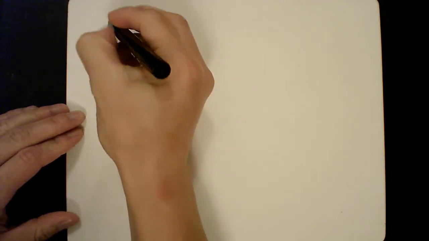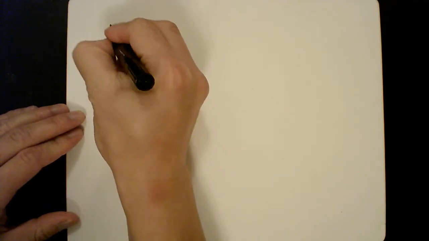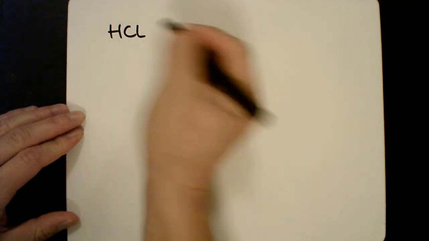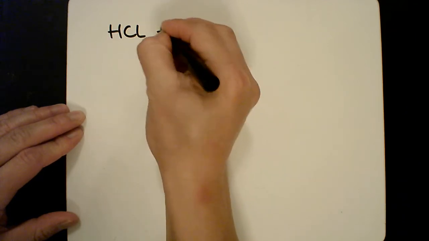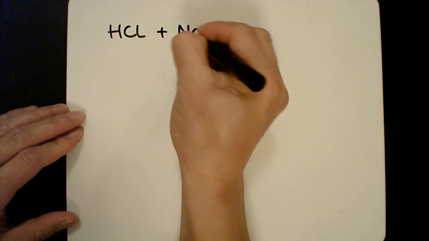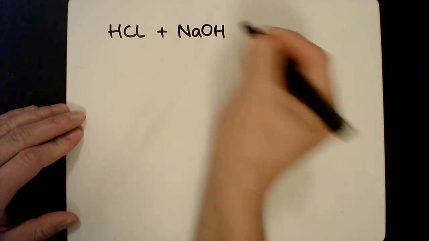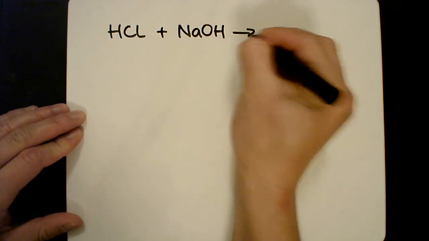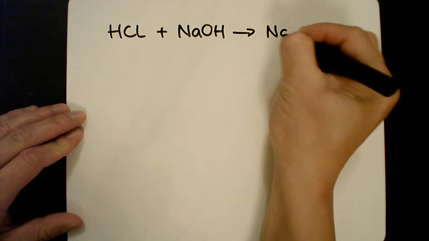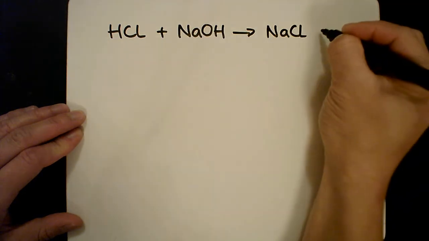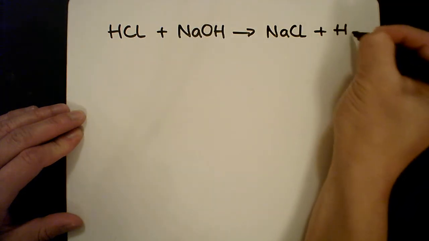So the first thing we need to know is the balanced symbol equation for this reaction. So let's start with hydrochloric acid. We react that with sodium hydroxide, and that produces sodium chloride plus water.